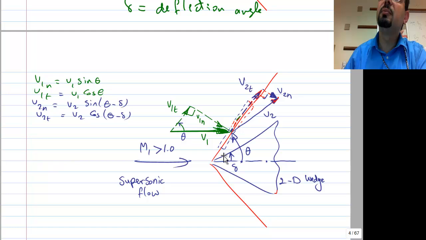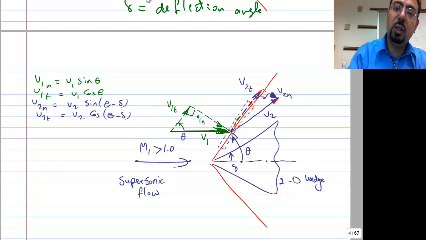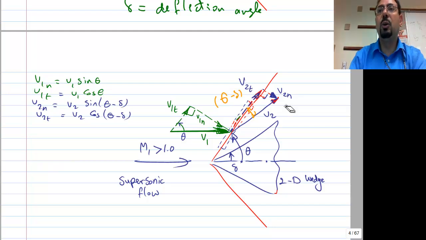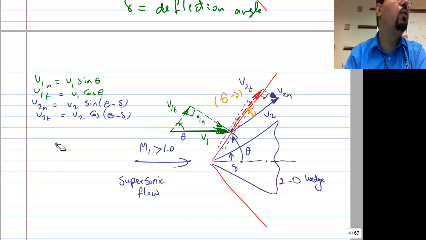What is that angle? Theta minus delta. So we can write here that this is theta minus delta. And so then V2 normal is V2 sine of theta minus delta, and V2 tangential is V2 cosine of theta minus delta. We are done with the four velocity components.